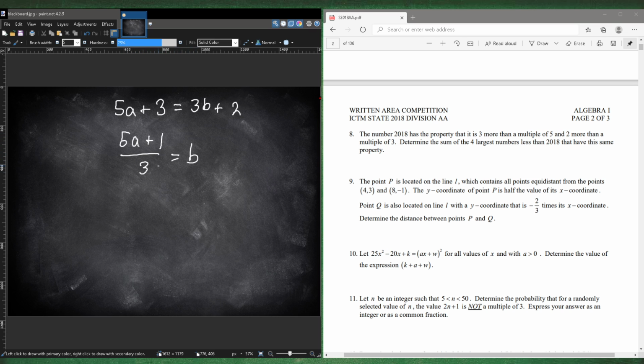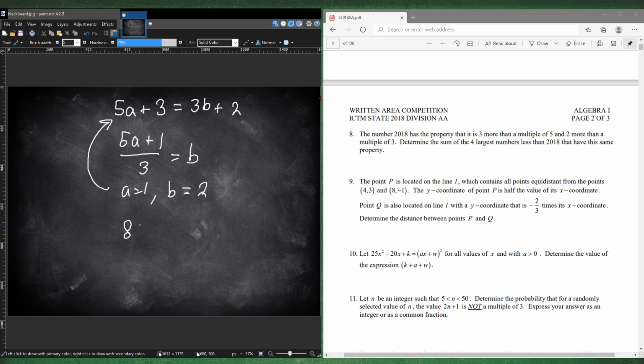And we'll start testing numbers. If a is equal to 1, that's 5 plus 1, which is 6, divided by 3 is 2. So we already got our point: if a equals 1, b equals 2. They're both integers, and we could just plug it back into this equation. Plug in a equals 1 here, or b equals 2, it doesn't matter. That'll be 5 plus 3 is 8.